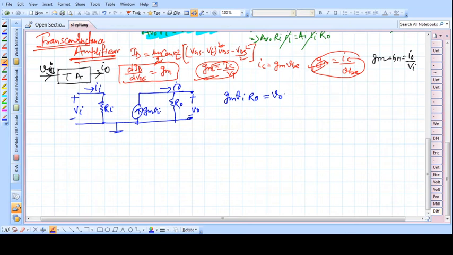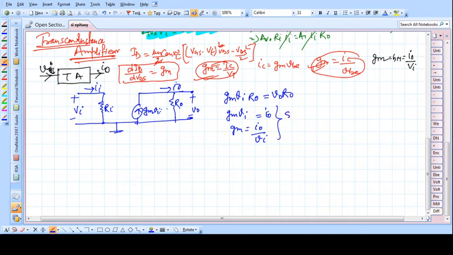In general we can write V naught by R naught, but when it is short circuited, Gm Vi is simply I naught. So we can write Gm equals I naught by Vi.